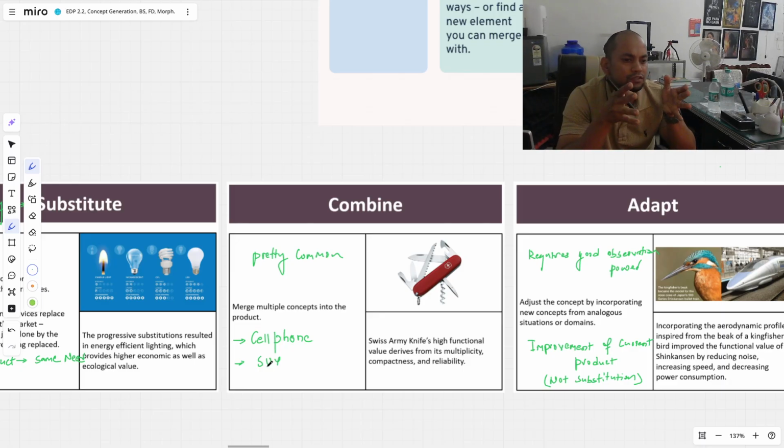This is a pretty common and easier way to develop products. If you are doing your academic assignments or your bachelor's or master's in design, then this will be an easier assignment compared to the other ones which require you to go deeper and research.